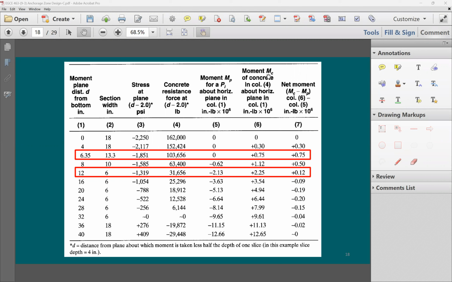Hello, Professor. Yes, you have a question? Oh yeah, I just had a quick question. So you said this table that we're going to be using for our project, is that for the approximate method?